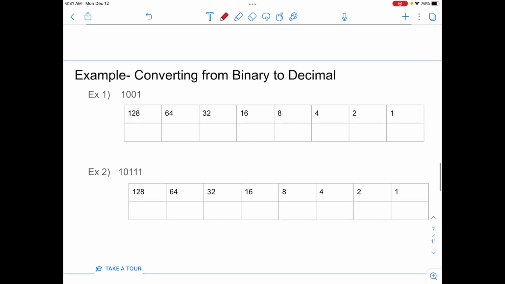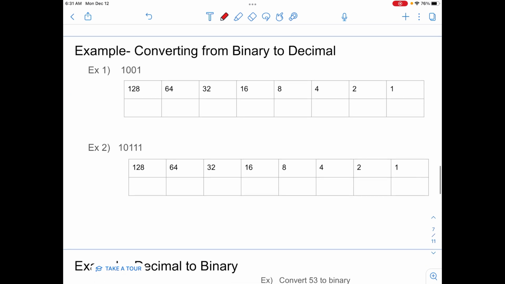Probably one of the best ways to learn this is by looking at an example. So let's look at an example of converting from binary to decimal. So let's look at this number, 1001. Note that this is not the number one thousand one. I could put a little 2 there to show that it is base 2. This is a binary number, 1001. But we want to convert it to whatever it would be in our decimal number system, base 10.